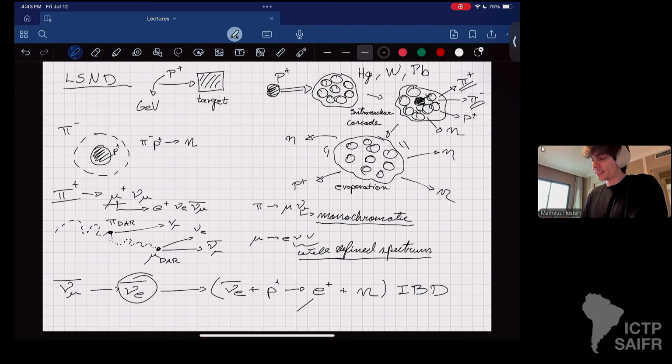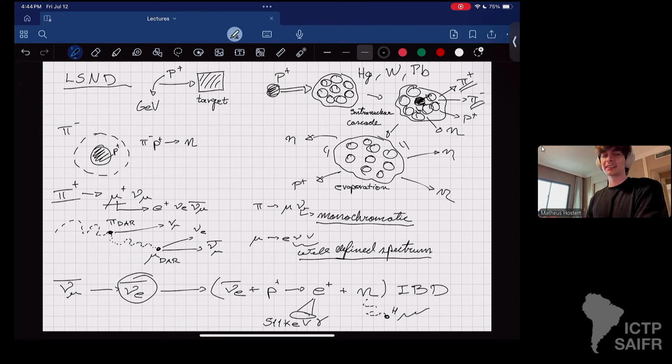The great thing is you get the positron annihilating with the electrons in the material, emitting 2 511 keV photons, and the neutron can get captured also after some time by either hydrogen or gadolinium or whatever other material has very large absorption cross-section with neutrons to again release more energy.